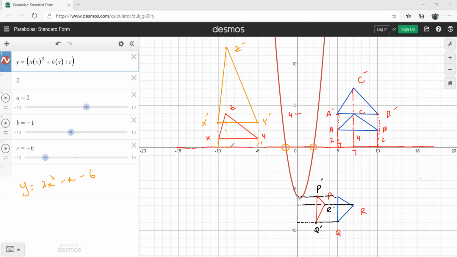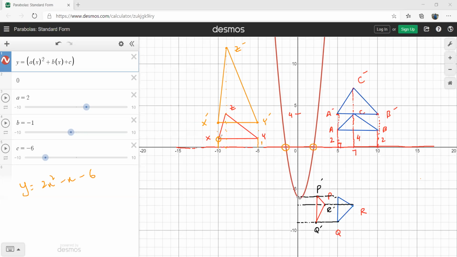Now if I stretch this vertically, would these 2 points change their positions? Yes. No. Why not? Because it'll be extended upwards. No, no, no. You see, why was this point changing its position?